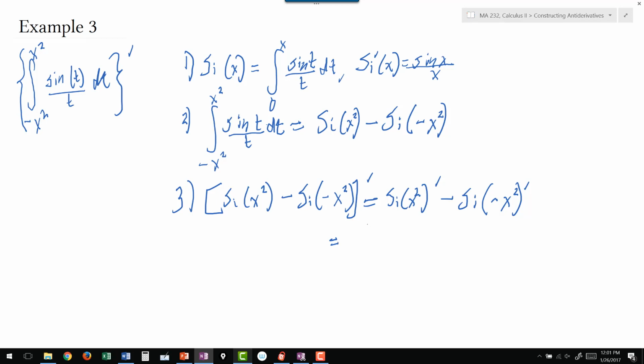So derivative of the outside evaluated at the inside times the derivative of the inside, and I do that a second time, derivative of the psi function evaluated at minus x squared times the derivative of minus x squared. Now we already know the derivative of the psi function.